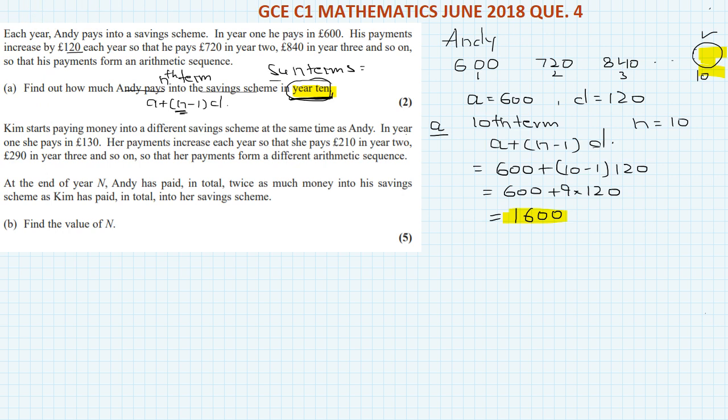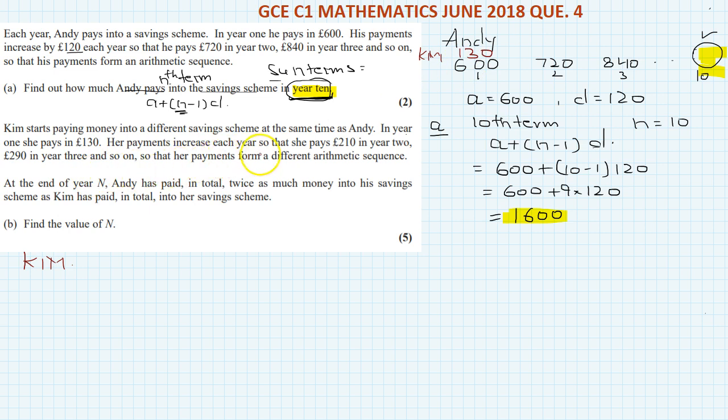Now there's another case for the same question. Now we talk about Kim. She starts paying money into a different saving scheme at the same time as Andy. So in year 1 she pays 130.